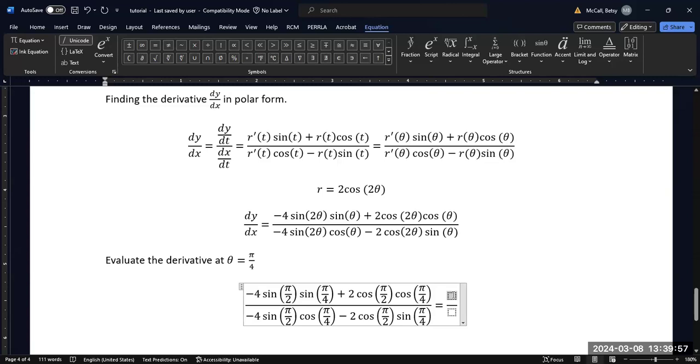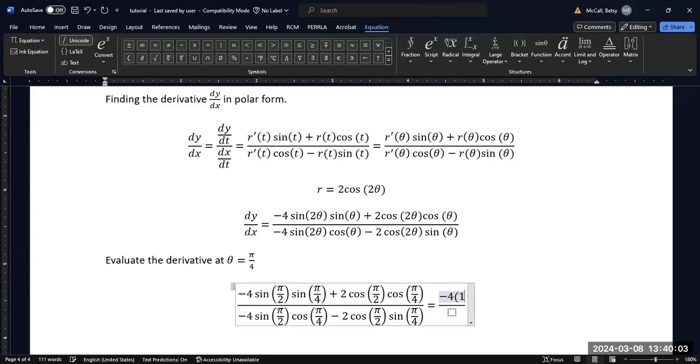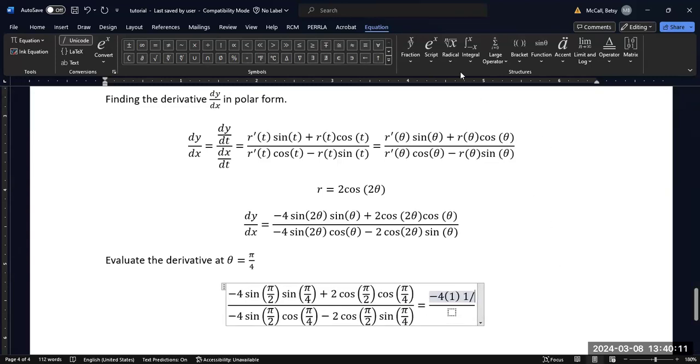let's see, sine of pi over 2 starts at 0, goes to 1. That's going to be negative 4 times 1. And then sine of pi over 4 is going to be 1 over the square root of 2.